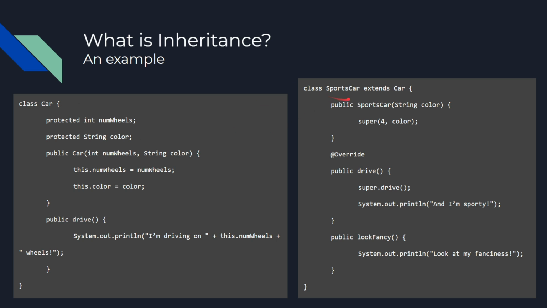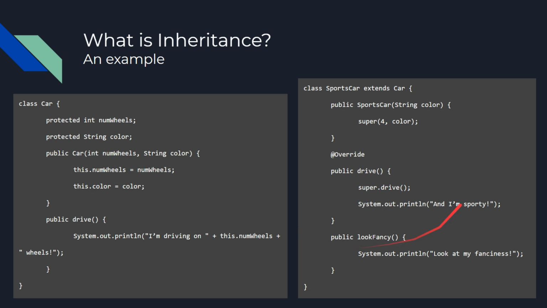Now, we didn't define those here. There's no new variables here. But because a sports car extends car, or inherits from car, it gets these automatically. It's the same with this constructor and this method. Sports car will get those automatically too, but we're going to change them.